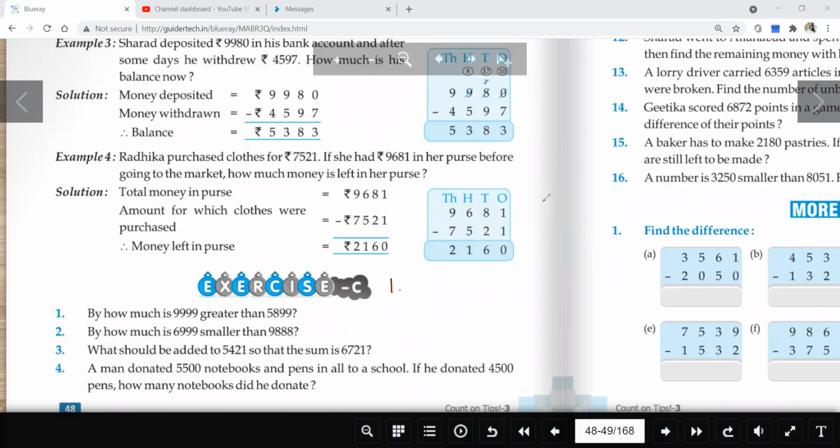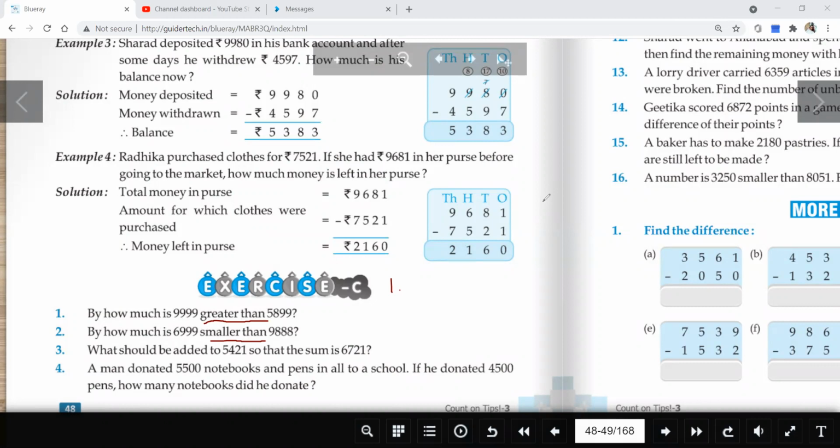So coming to question number one, by how much is 9,999 greater than this? So whenever there are greater than or smaller than type of sums, that means from the big number we need to subtract the small number. Okay, so from the big number we need to subtract the small number.